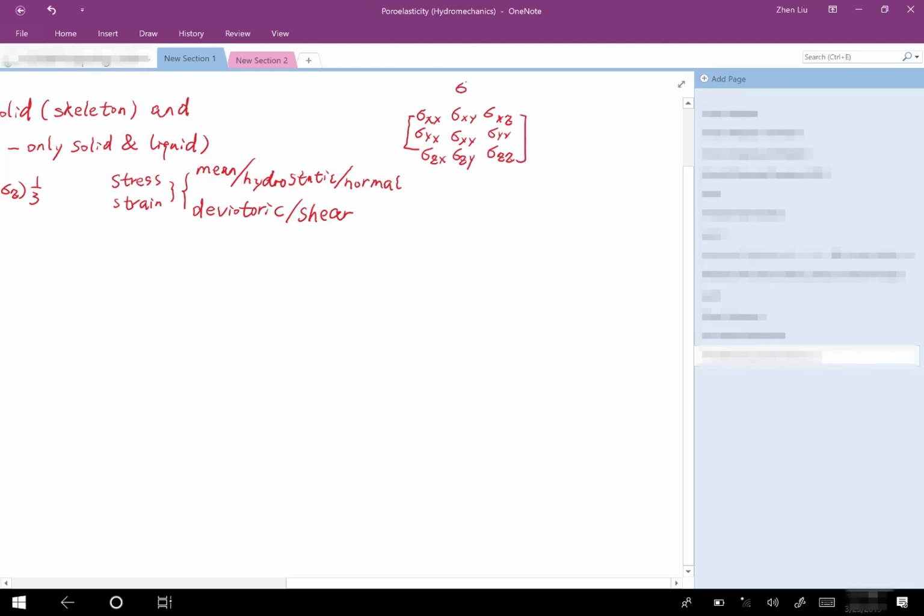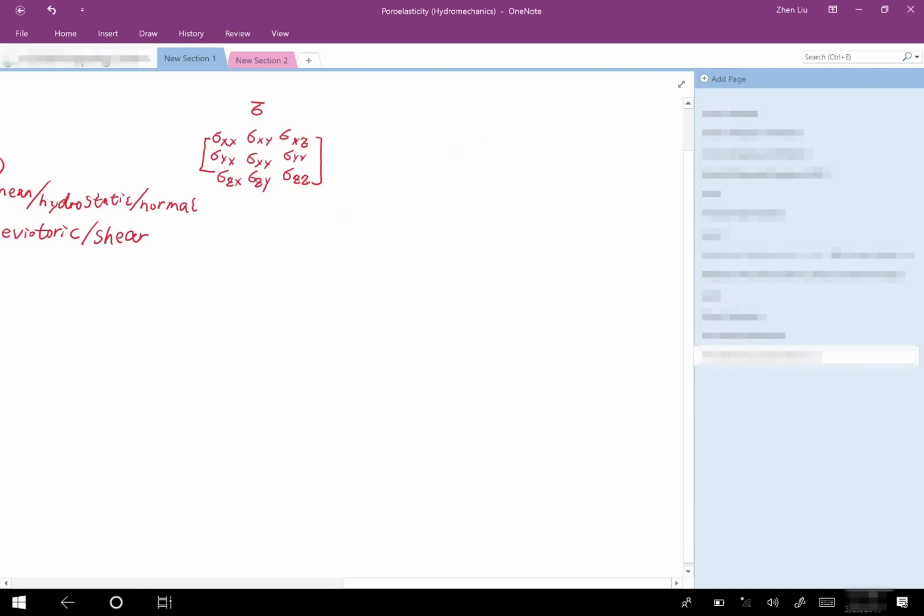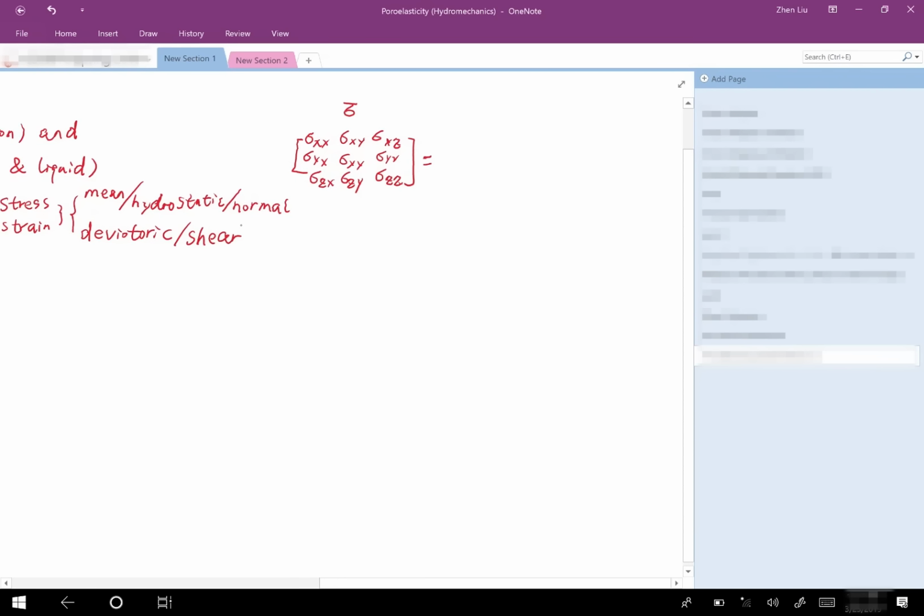So this is the original sigma, right? I'm just using stress as an example. So why do we have these two parts? The reason is that sometimes people want to split it into two components.